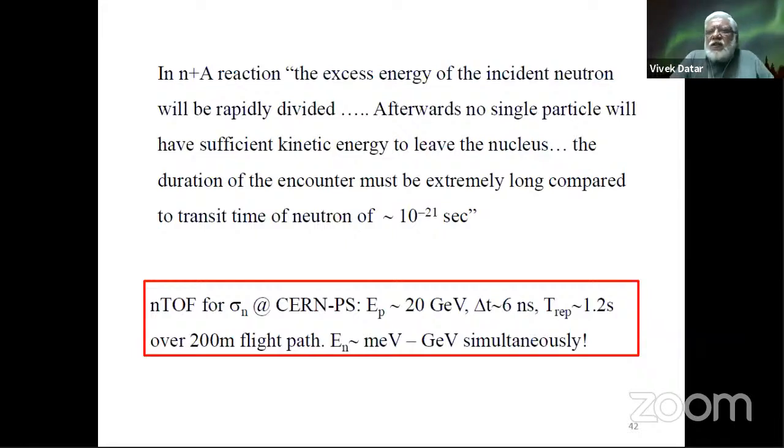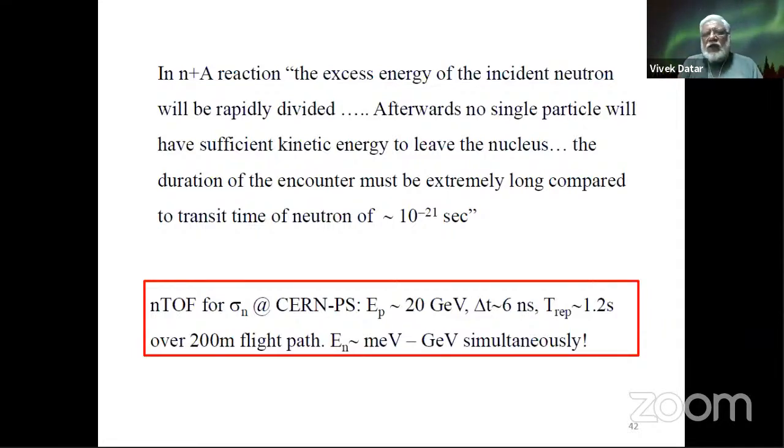Then around this target, you can put a moderator, but not a full moderator, a partial moderator, so it can thermalize some of these neutrons. Basically, from very high energies, you can bring some of these neutrons down to very low energies. So that's shown in the next slide.